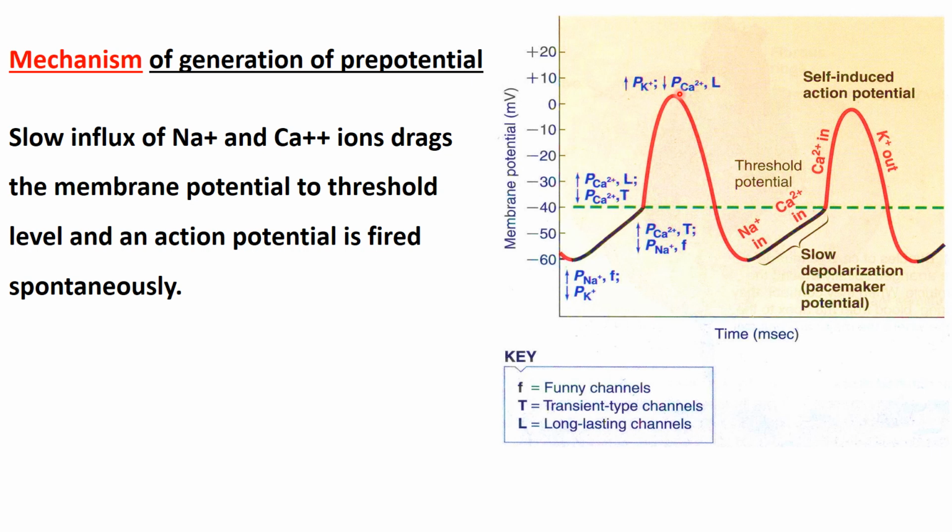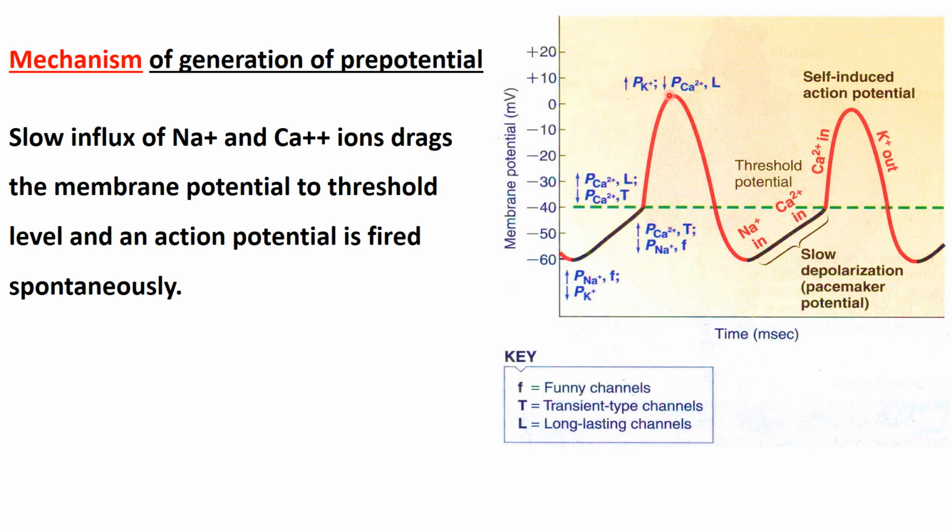At this level, when the action potential is above 0 millivolts, what happens? The permeability of potassium increases through voltage-gated potassium channels. Do you remember how the voltage-gated potassium channels open up?